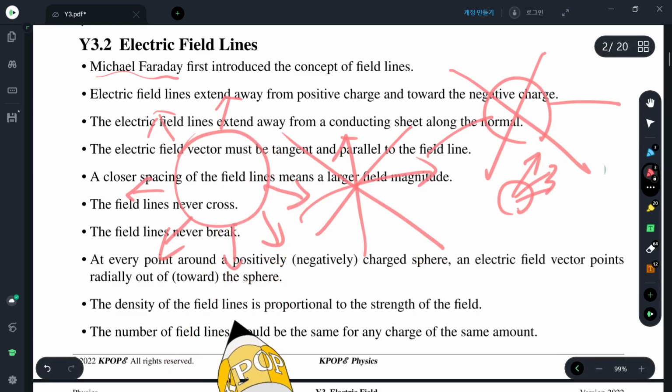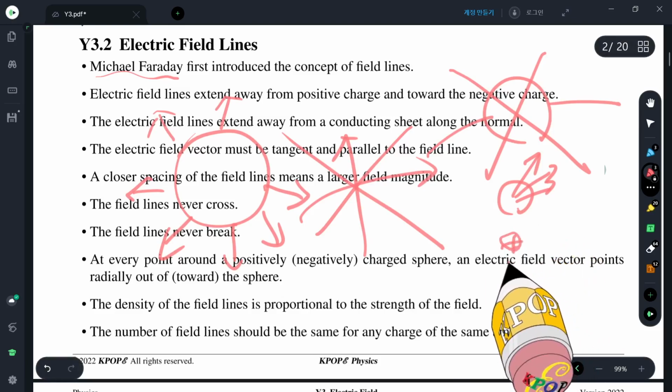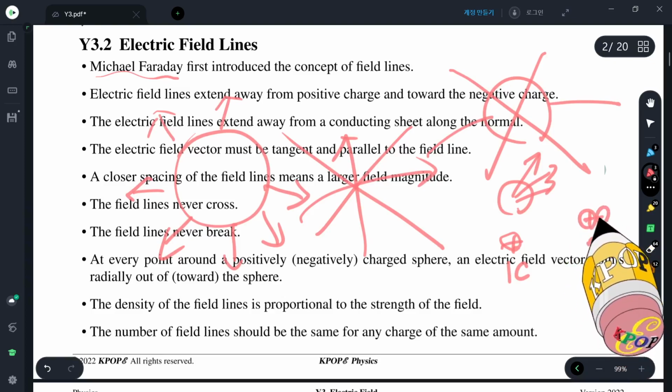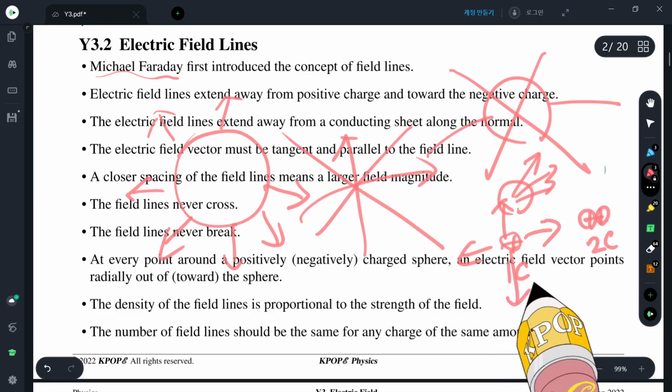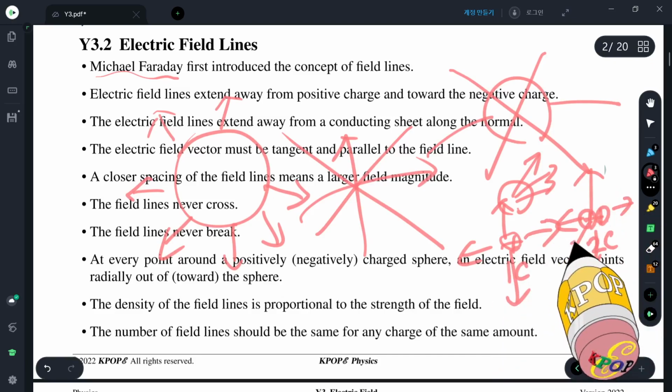The number of field lines should be the same for any charge of the same amount. Plus 1 Coulomb, 2 Coulomb. Then field lines: if you draw 4 field lines, there should be 8, something like that.